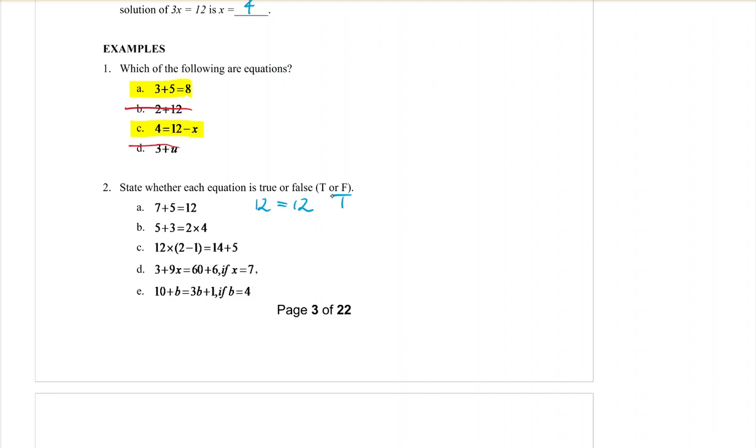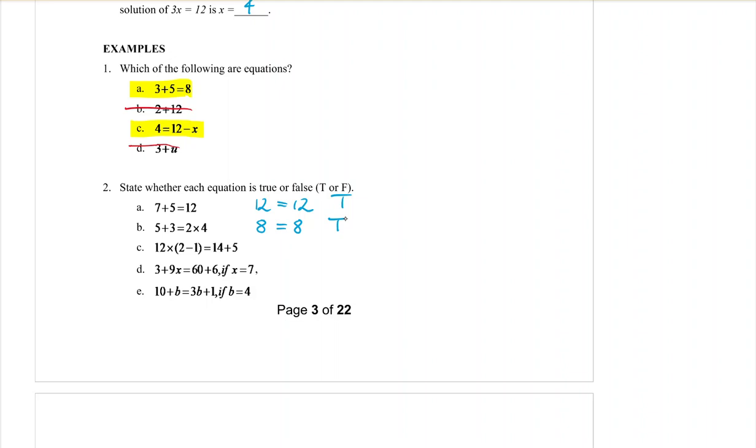Let's try part B. The left-hand side, 5 plus 3 makes 8. And the right-hand side, 2 times 4 makes 8. Both sides are equal, so that is also true.